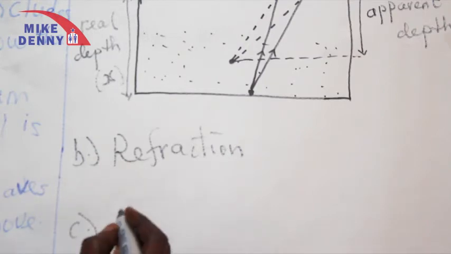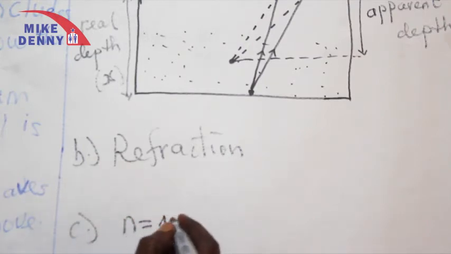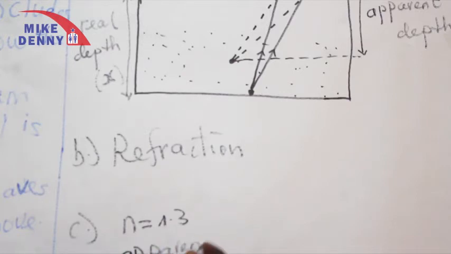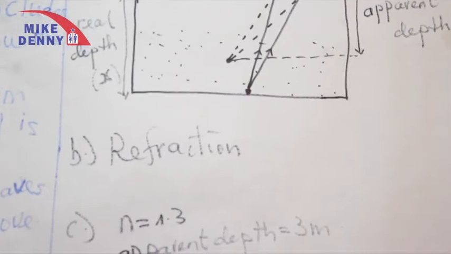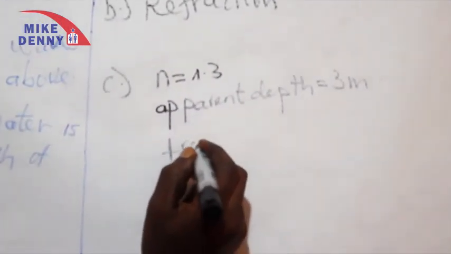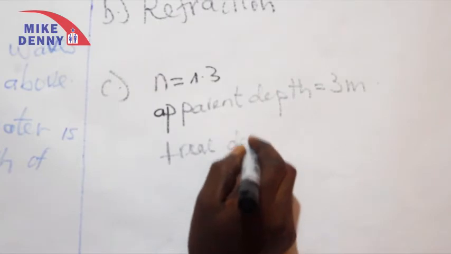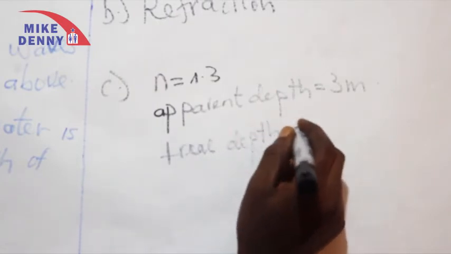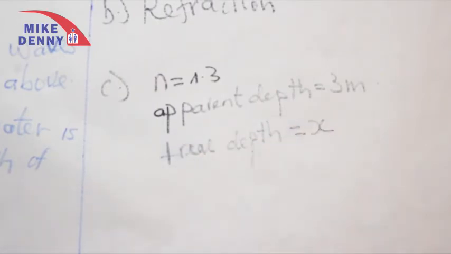And the C part, we are asked to calculate, if the refractive index of water is 1.3, N equals 1.3. And the apparent depth is given as 3 meters. And the real or the true depth, let's call it X. Now you are asked to calculate the true depth of that pool.